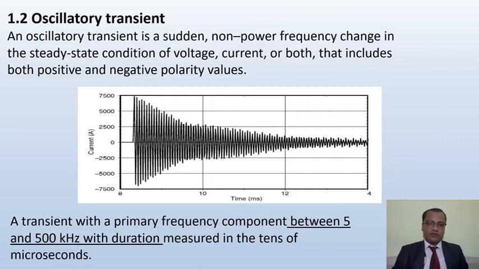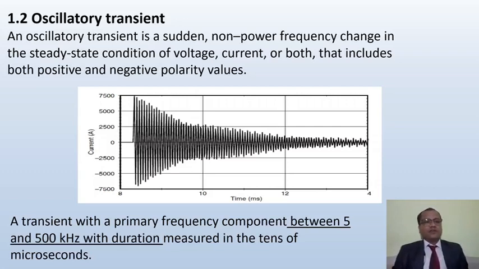The next type of transient is the oscillatory transient. Now we all know oscillations: they go from the positive side to the negative side, right side, left side. That is called oscillation.